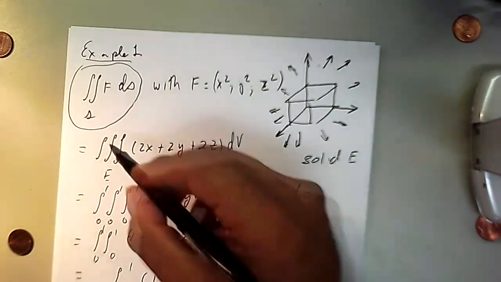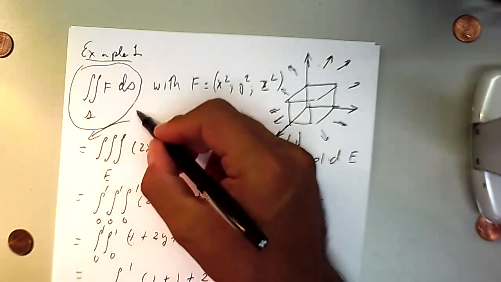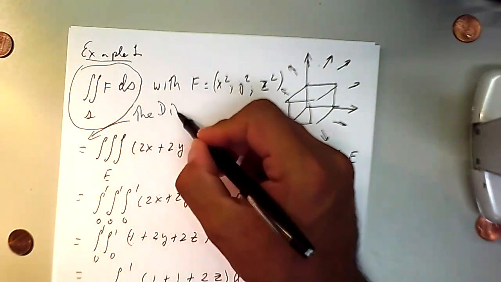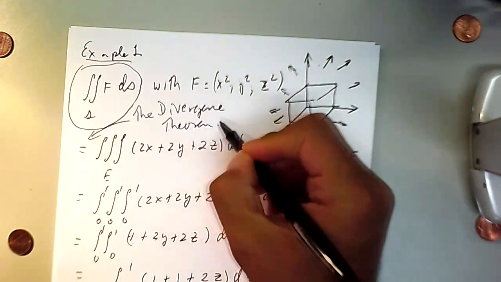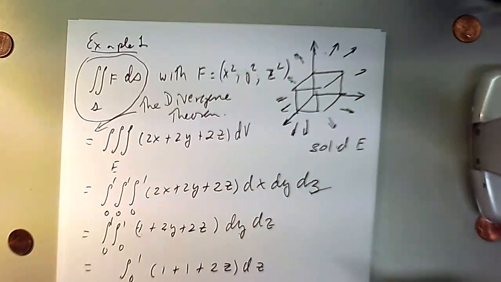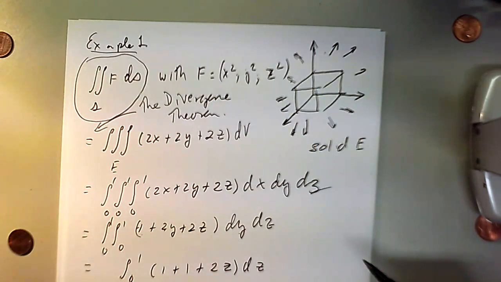And we used, in this process, the divergence theorem. So this one doesn't have a name of a person, as Stokes does. Why didn't we call the Stokes theorem the curl theorem? Just like this one is the divergence theorem.